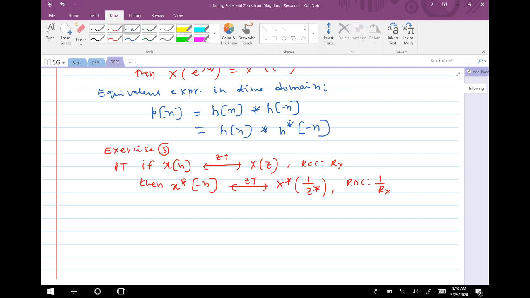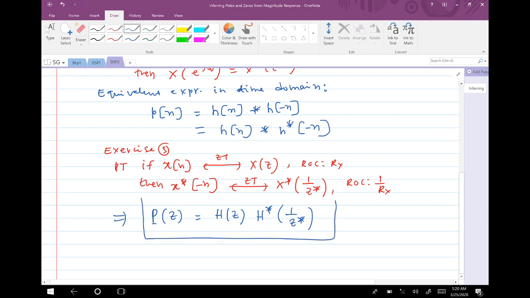Applying the z transform would result in, again, capital P here, equivalent to H of z. From the result in exercise 2, convolution in the z domain is multiplication. From exercise 3 you have here the expression H conjugate of 1 by z conjugate.